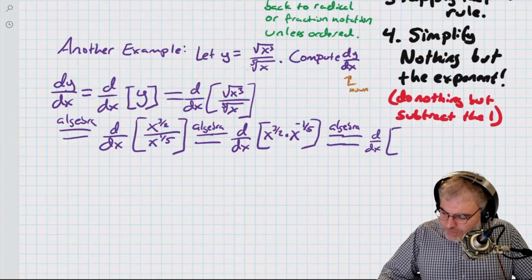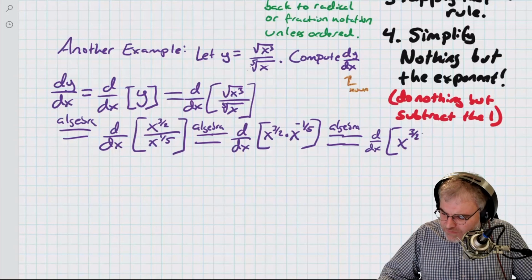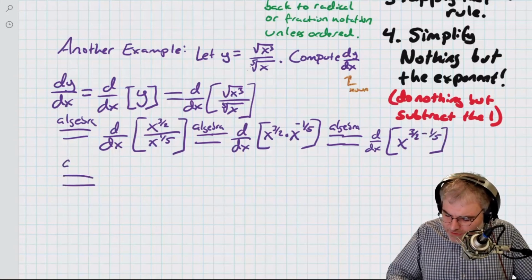Okay, now I'm going to have to do a little math here, common denominator stuff. 3/2 minus 1 over 5 equals, algebra again.